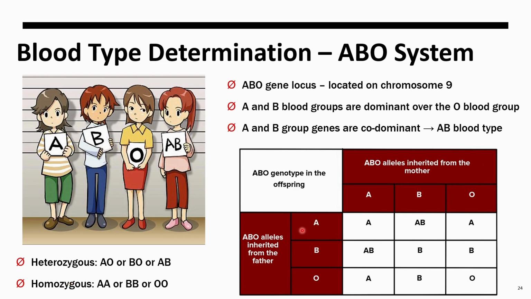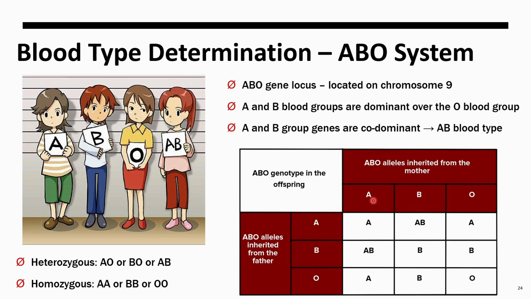So let me first explain how this works. If you get an A allele from your mother and an A allele from your father, your blood group will be AA and your phenotype will be A. If you get A from your mother and B from your father, because A and B are codominant, your blood group will be AB.